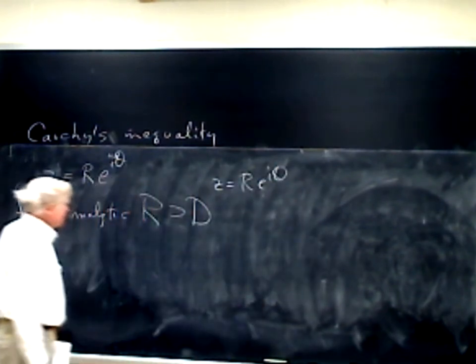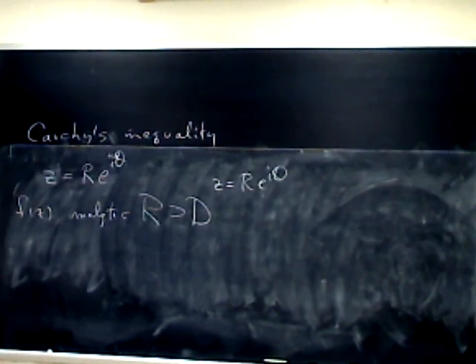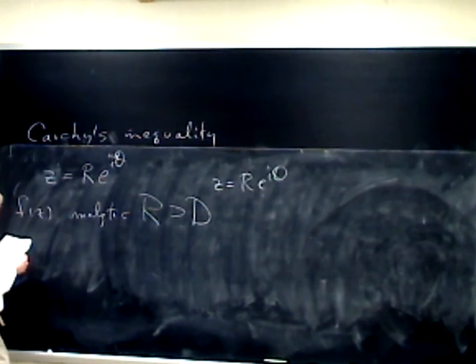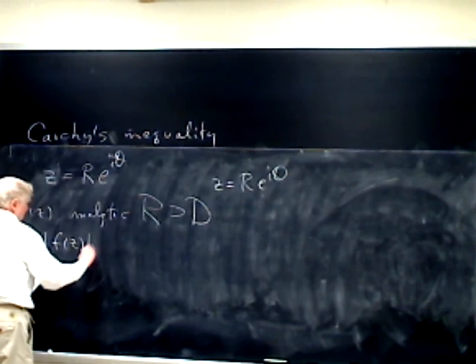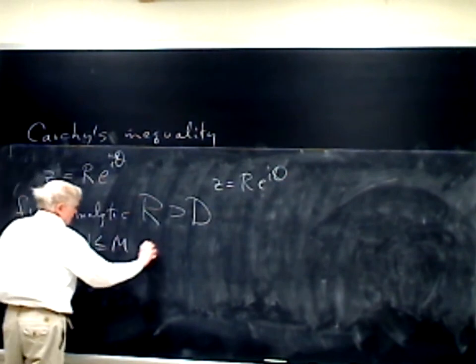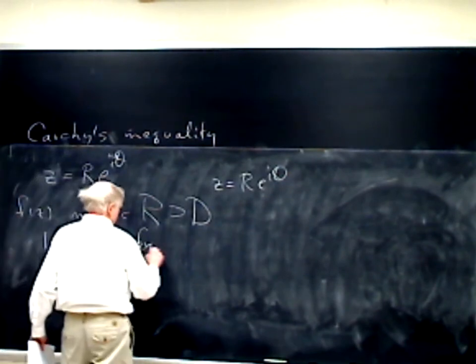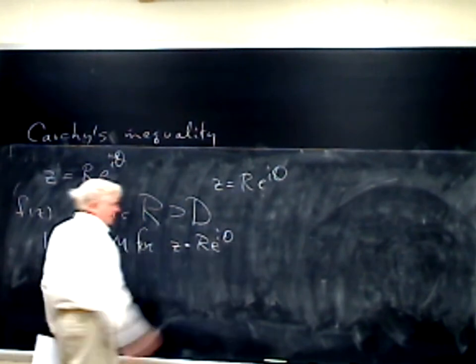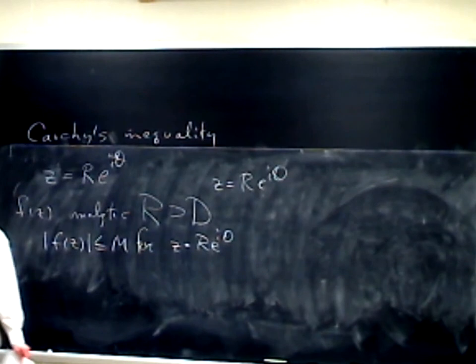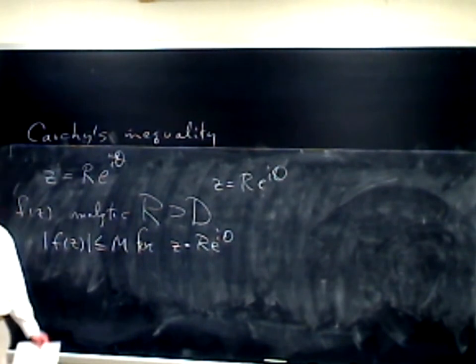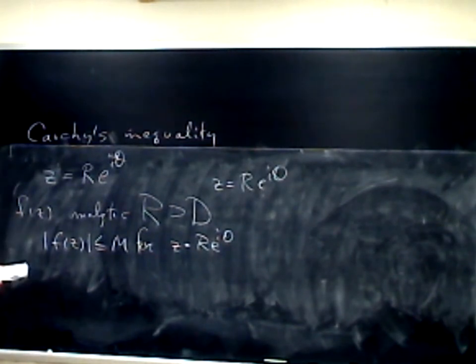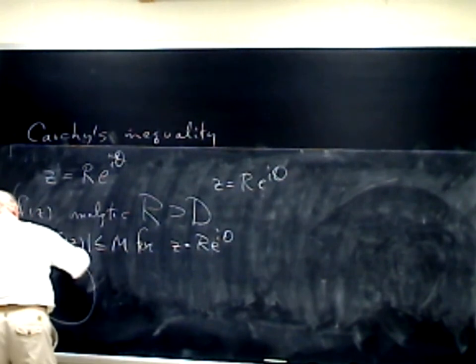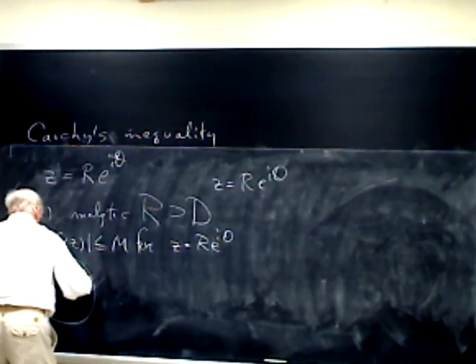In other words, the analytic region includes a circle of radius r about the origin, and the absolute value of f of z is less than or equal to M for z equal to r e to the i theta. So the analytic function f is bounded on the perimeter of the circle.